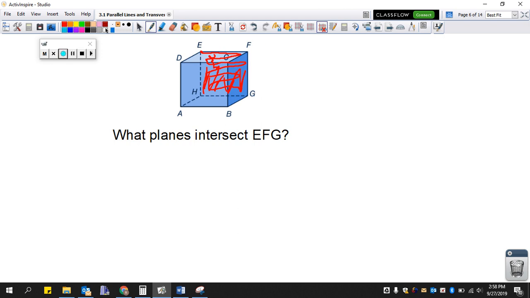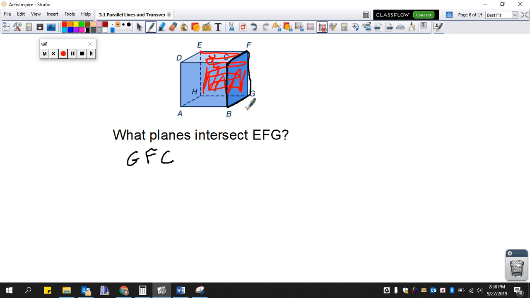Well, we have the right hand side, which is G, F, C, this right hand side.